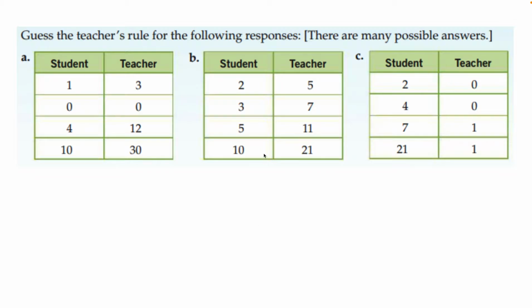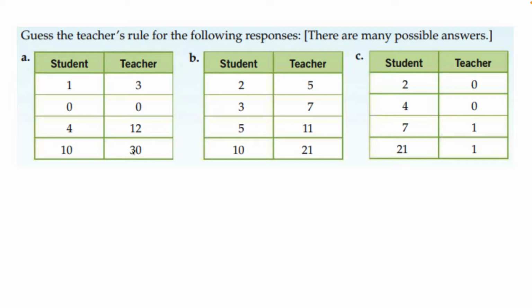Here are some examples for you to find the rule, okay? So a teacher gave the input and output here. Students gave the input and teachers gave the output with a certain rule. And you need to find what the teacher's rule is for the following responses.